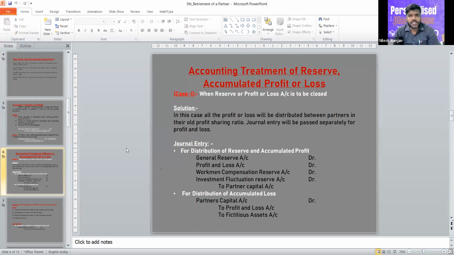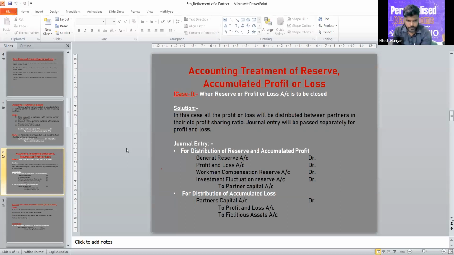Actually, this part is almost the same as in the previous chapter, admission. We have already discussed this topic there.